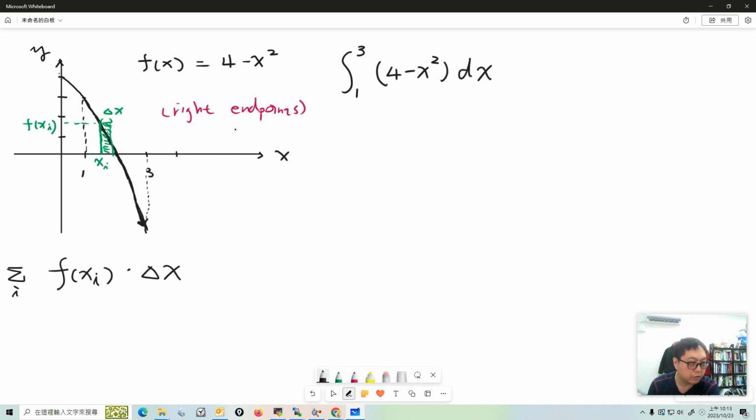The next problem is, what is our delta x and what is our xi? We want to do the integration from 1 to 3.